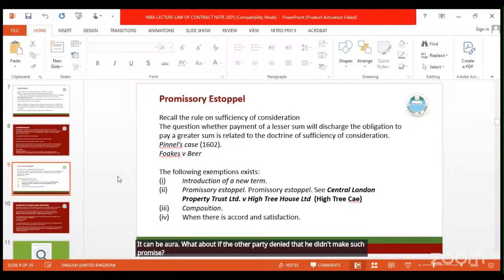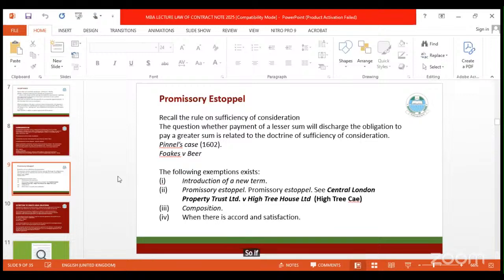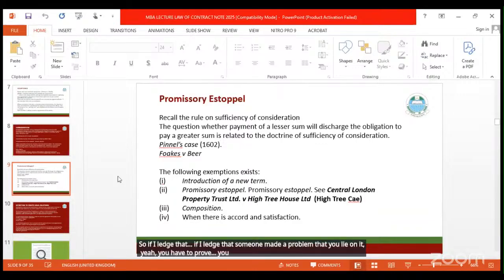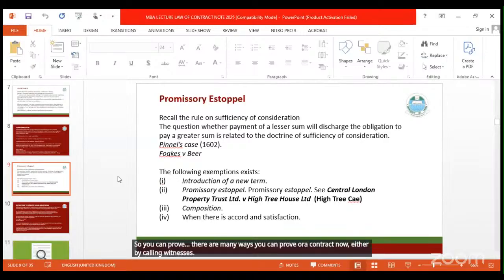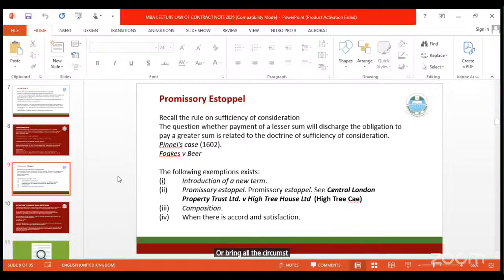Then you have to prove. The law is that he who alleges must prove. So if I allege that someone made a promise and you relied on it, you have to prove. If you cannot prove it, then you cannot stand. There are many ways you can prove an oral contract, either by calling witnesses or bringing other circumstances to show that indeed that promise was made.